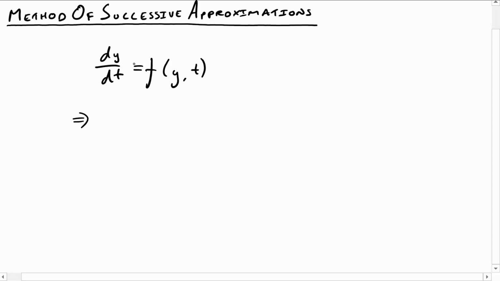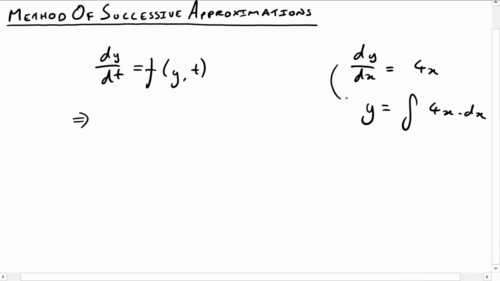Say I have something like dy by dx is equal to 4x. Then fairly obviously you can find out what y is just by integrating. So y is equal to the integral of 4x with respect to x. This is linked to the fundamental theorem of calculus, which says other things as well, but basically says that differentiation and integration are opposite processes of each other.